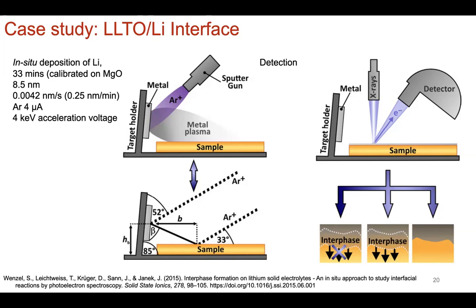Yes. An interface is a material and then another material. That is the interface. Right? Just two things. Interphase is this region where phases can form, and they only form at the interface.